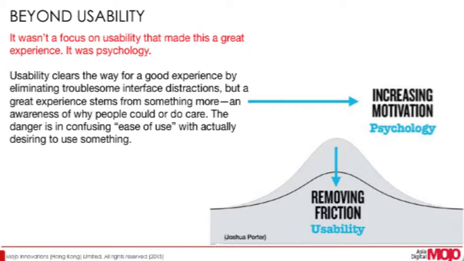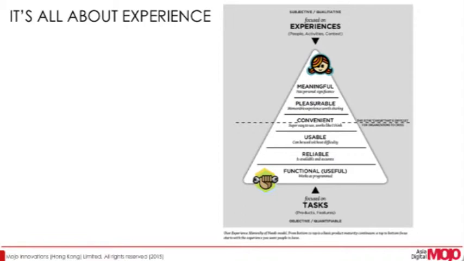Usability testing and solving usability problems is actually smoothing the way of user experience, but the psychology is what motivates people to use something. So when you look at the map, the bottom part is the functional.